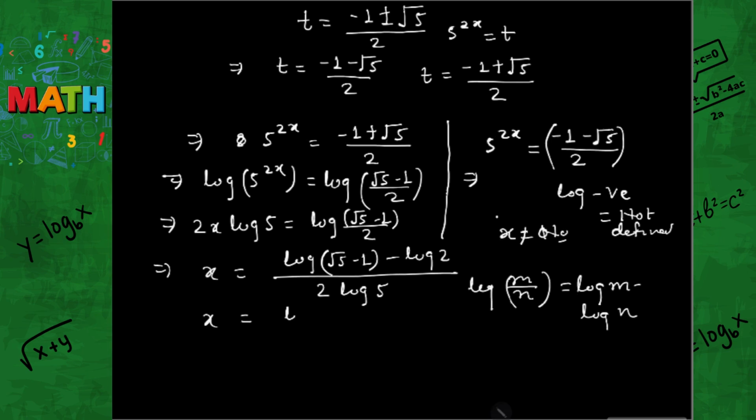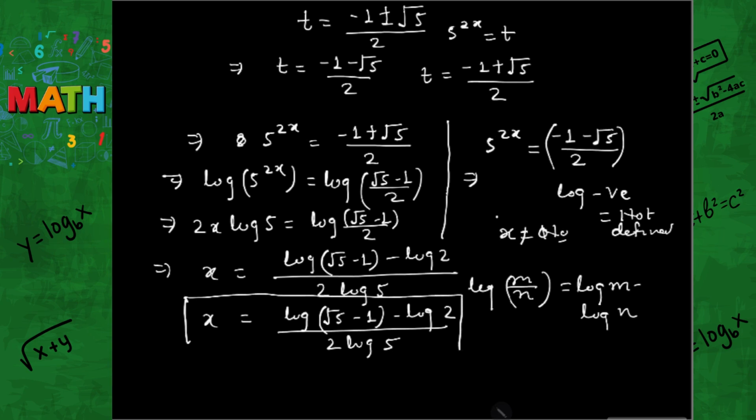You can put the value of log 5 and all other things to solve this, but this is the simplest way. And this is the value of x. So this is how we solve this kind of exponential equations using the log.